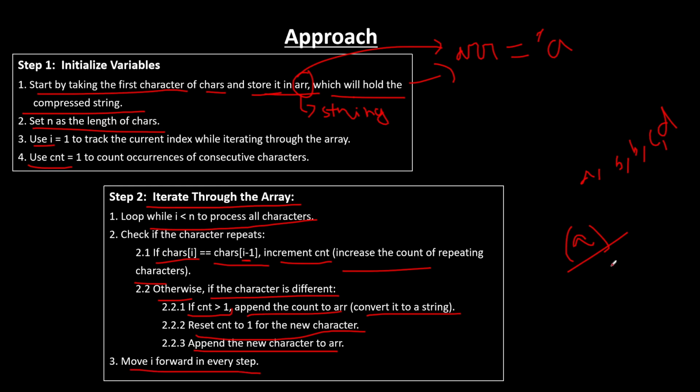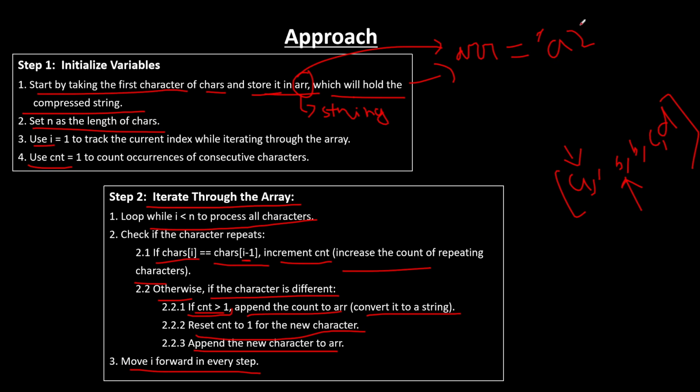So what I am trying to do here is that this is A, this is the array, let it be the array. We have stored A in the array itself, right? And again we got A, we incremented the count. Okay, now the condition gets falsified, right? And B, right? So we will just store 2 here if the count is greater than 1, which is to append the count to the array, which I have done already, and convert it to a string.